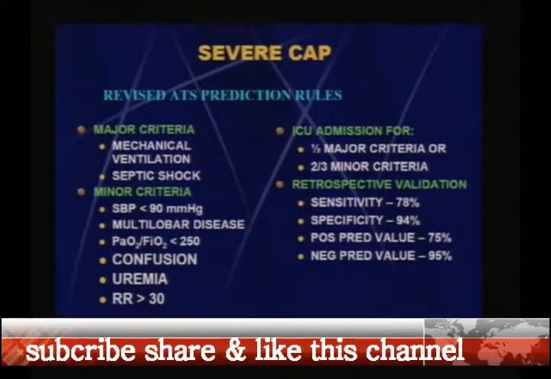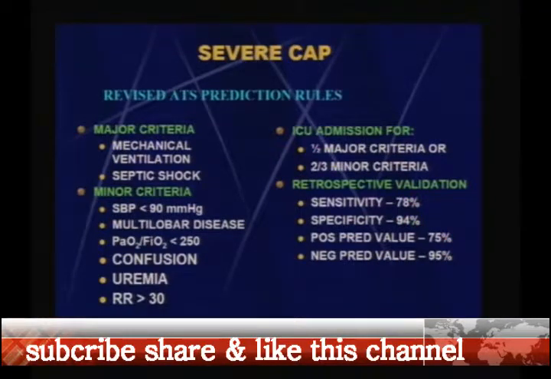Then we have these revised ATS prediction rules, which have two major criteria, that is the need for mechanical ventilation and the presence of septic shock. In the minor criteria, we have systolic blood pressure less than 90, an extensive disease in the form of multilobar involvement, a significant reduction in the oxygenation with a PaO2/FiO2 ratio of less than 250, the presence of confusion, uremia and respiratory rate of more than 30, again indicating multiple organ involvement.